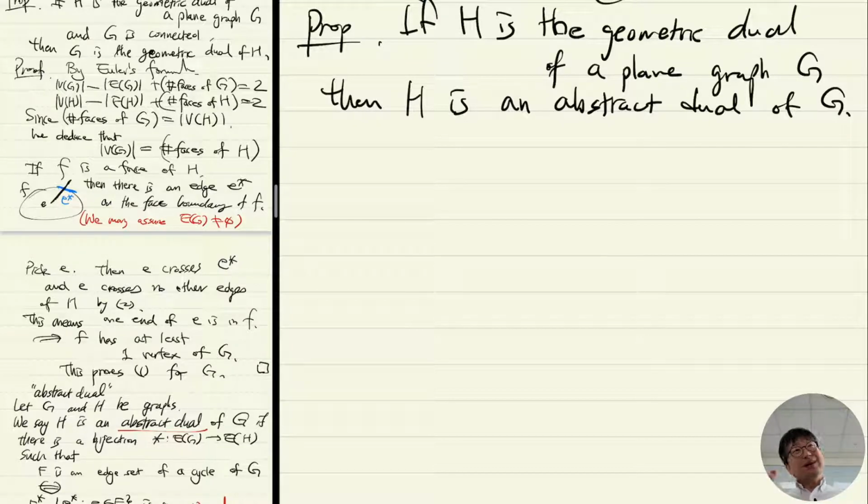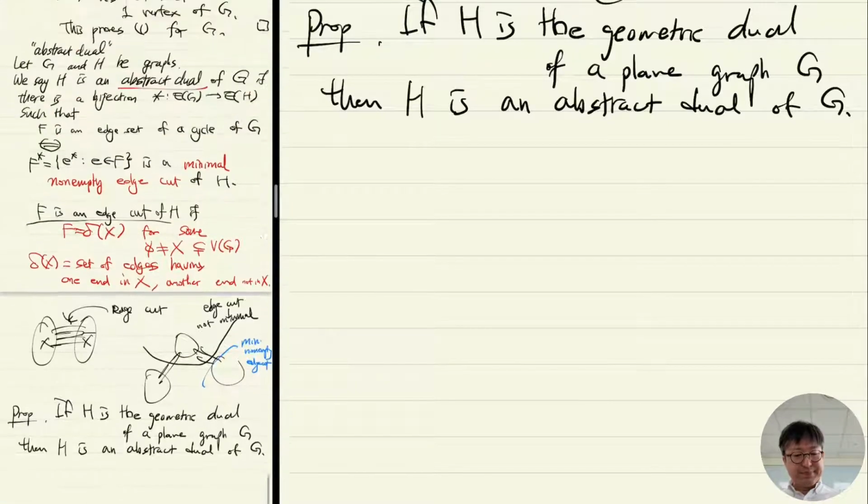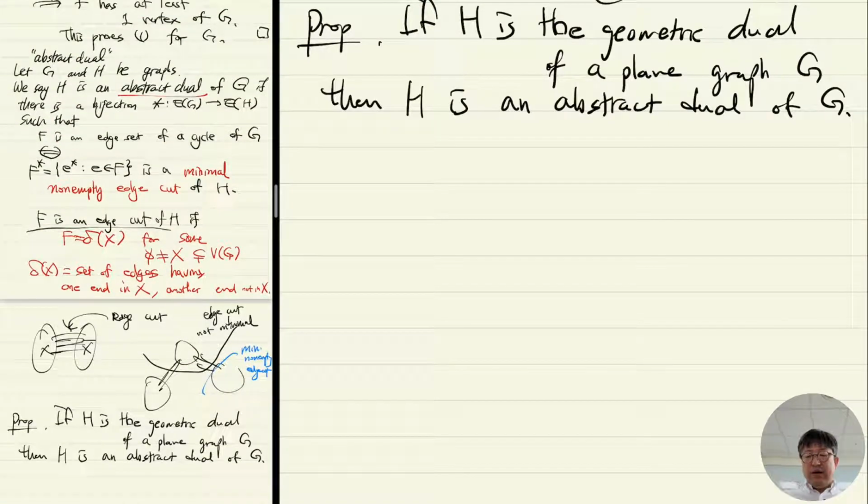Why is it not unique? If this proposition is true, then for the same planar graph you might have different embeddings. Each different embedding will give you a different geometric dual, and each different geometric dual will be an abstract dual. So the abstract dual is not unique. That's why I'm saying an abstract dual.